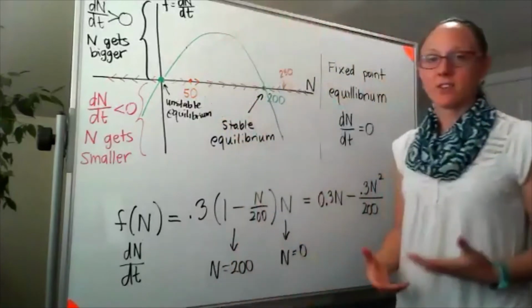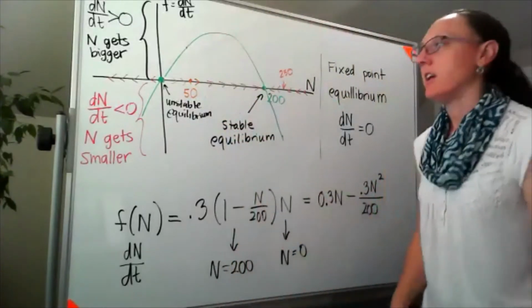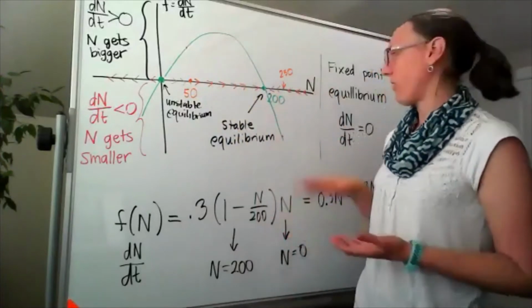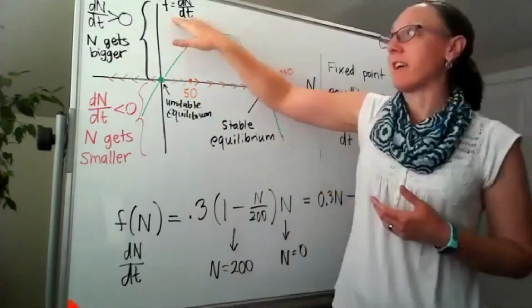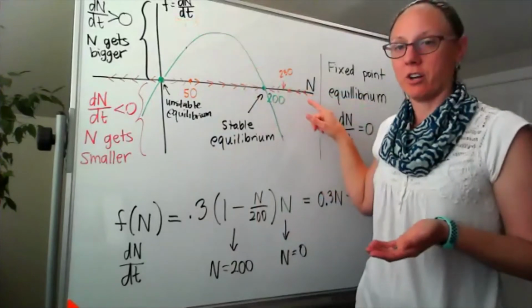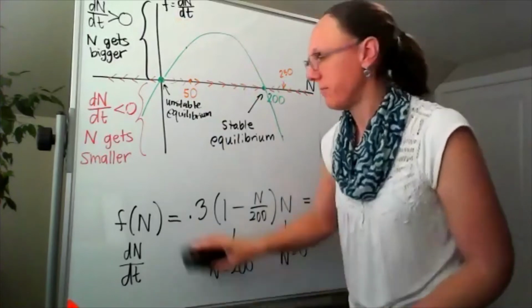Now we can take this graphical analysis actually one step further. So this is kind of a weird graph because here we were graphing our change in population of turtles as a function of the number of turtles in our population.